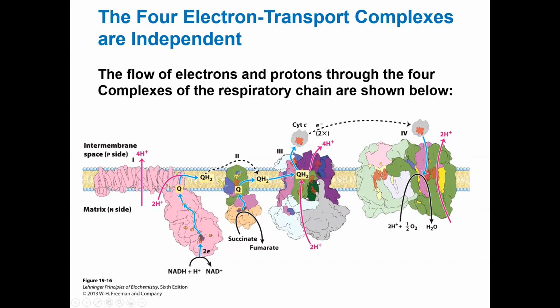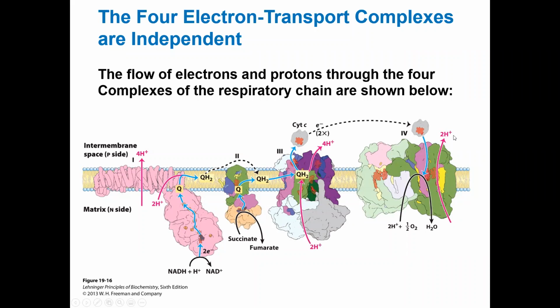It passes those electrons to complex 3, which then, if you recall, through the Q cycle, passes them to another mobile link, cytochrome C, the water-soluble cytochrome C. Cytochrome C shuttles those electrons 2 at a time to complex 4, and complex 4 then transfers those electrons ultimately to molecular oxygen, reducing the molecular oxygen to water.